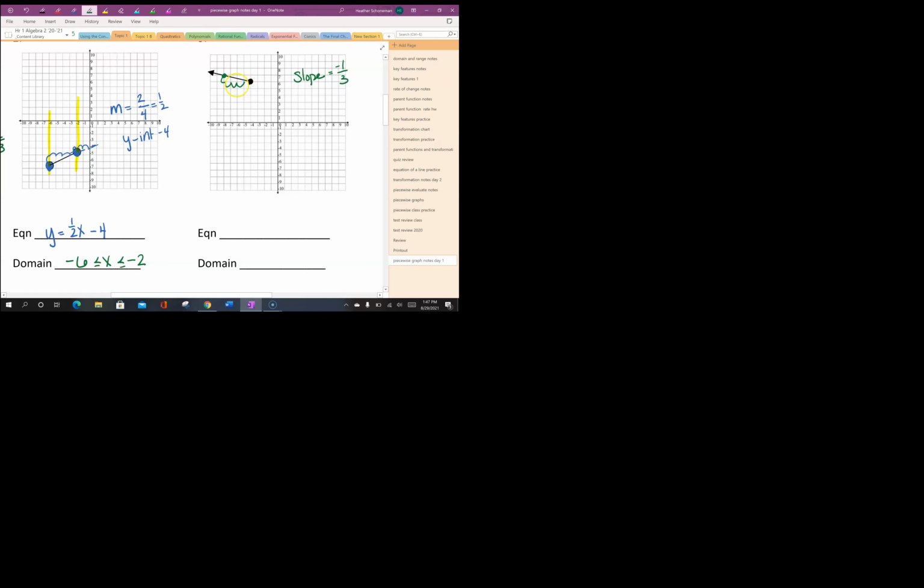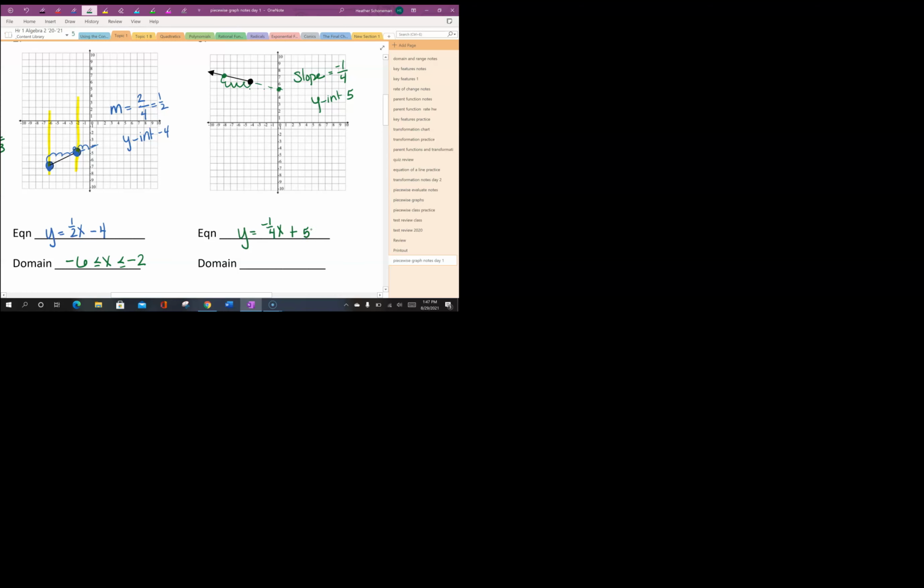Oh, actually I went right 4. My bad. So it's going to be -1/4. Okay, so let's see if we can find the y-intercept now. Down 1, right 4, and looky there. Now we know the y-intercept is 5. So my equation is y equals -1/4 x plus 5.